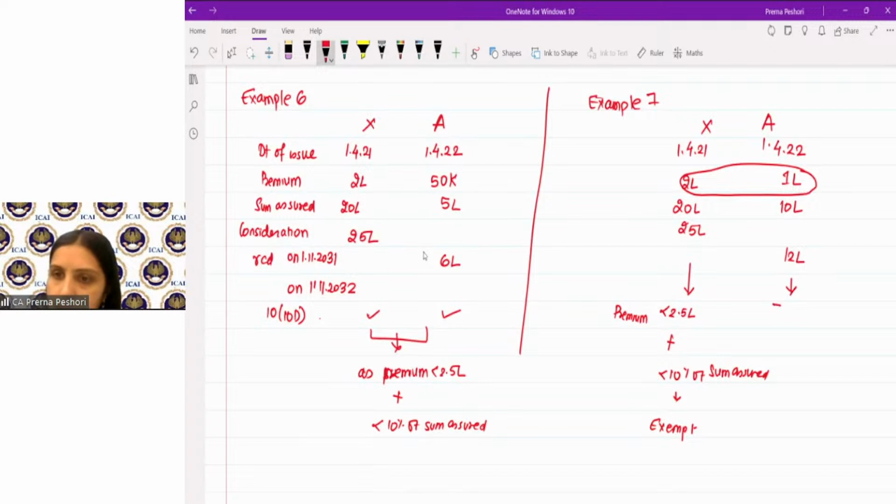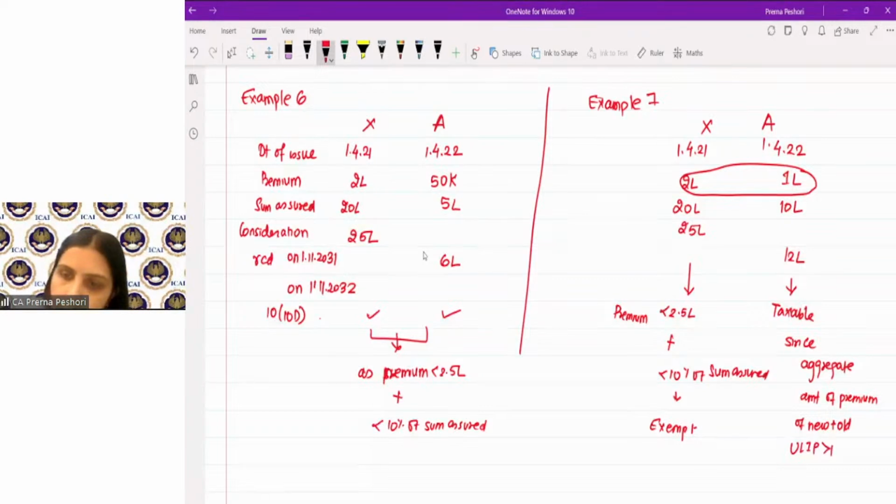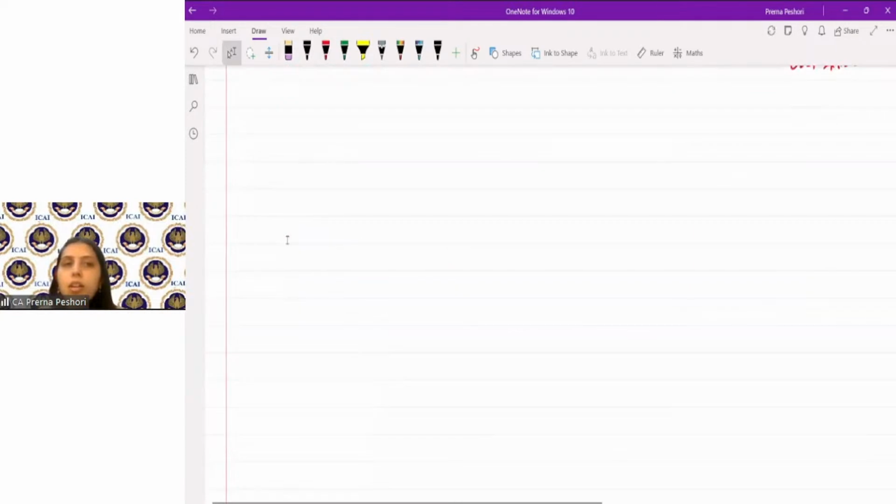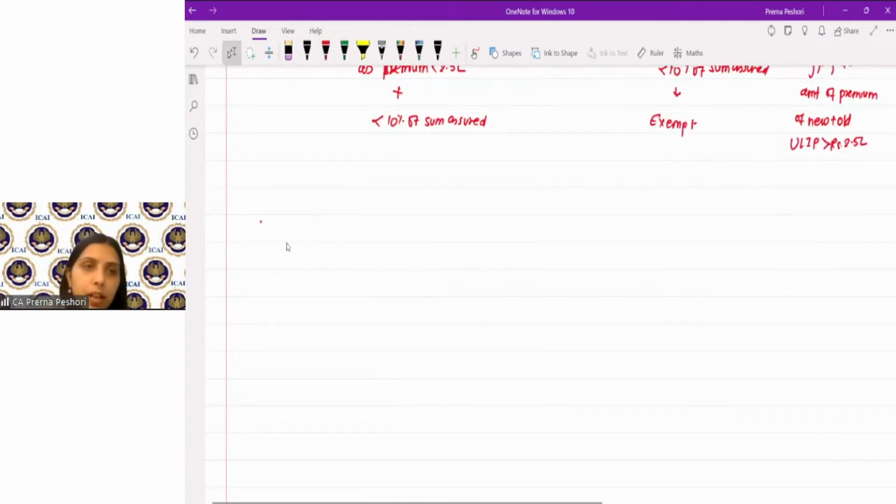So this is taxable since the aggregate amount of premium of new plus old ULIP exceeds rupees 2.5 lakh. Are we clear?